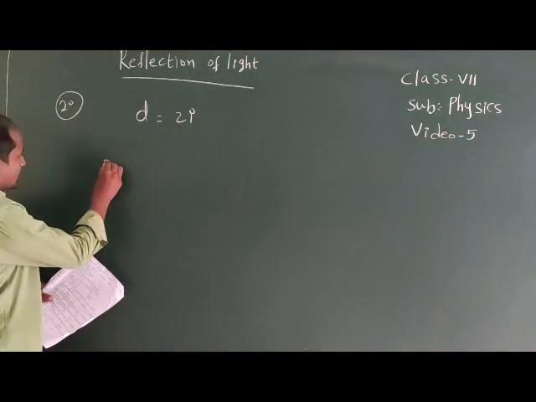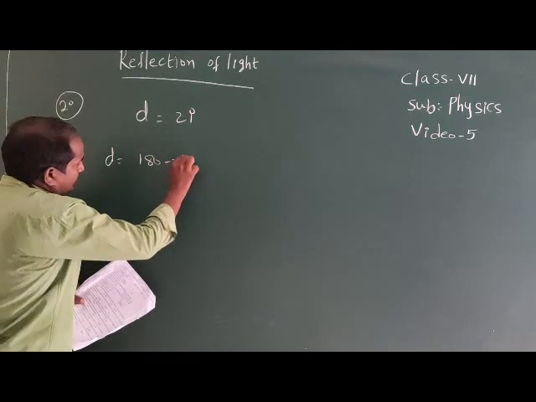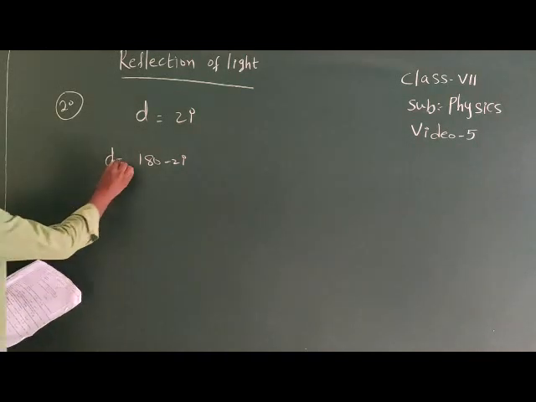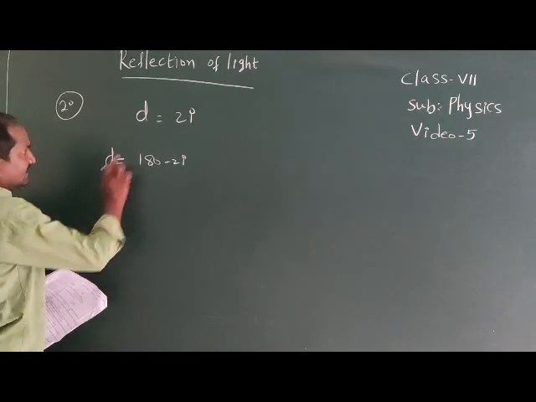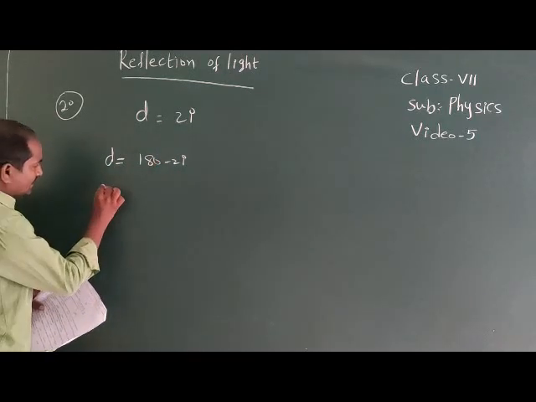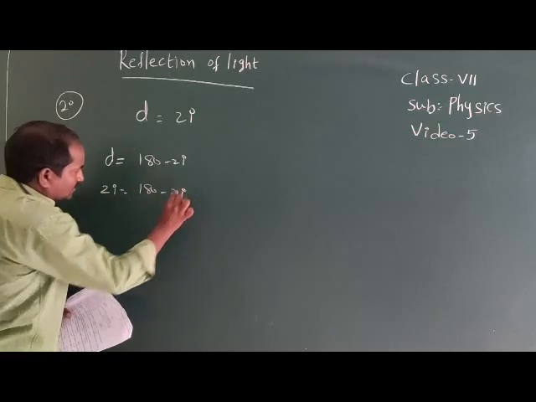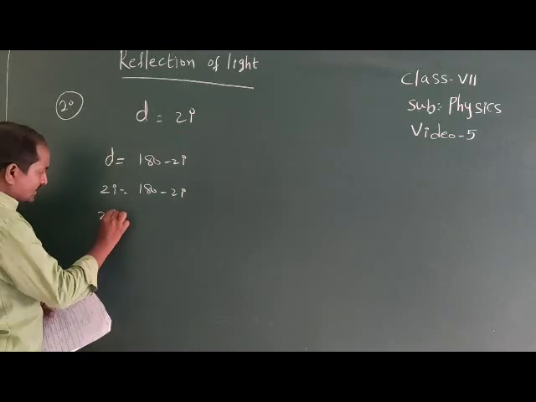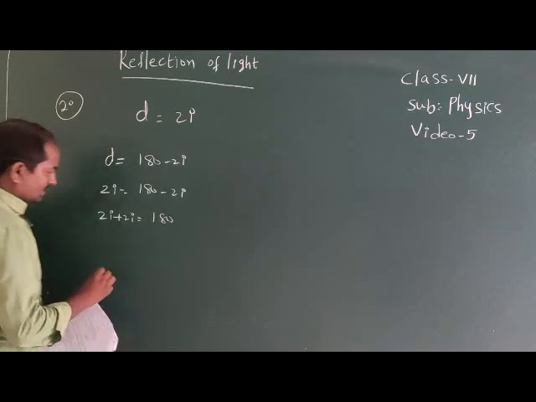So here deviation equals 180 minus 2i. It is the deviation formula. From the given data, in place of d we can write 2i. So 2i equals 180 minus 2i. Bringing minus 2i to this side, 2i plus 2i equals 180.